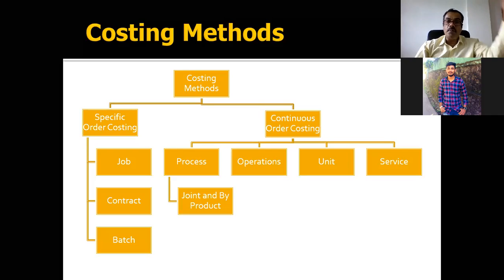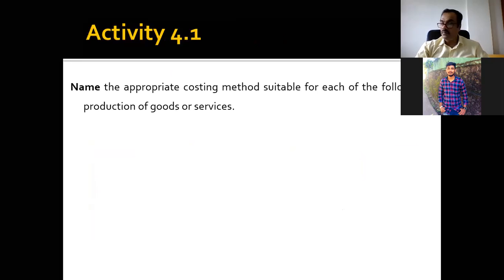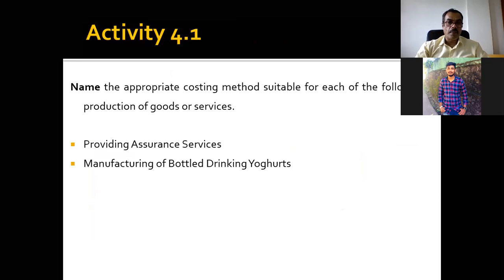But other departments may have their own freedom of doing operations, or maybe providing services like material handling, purchase orders, maintenance of orders, things like that. In the process, additional outcomes are also there. That's called joint products and byproducts. You will be learning under process costing, and I'm not going to explain it. Quickly, we will take up this activity.